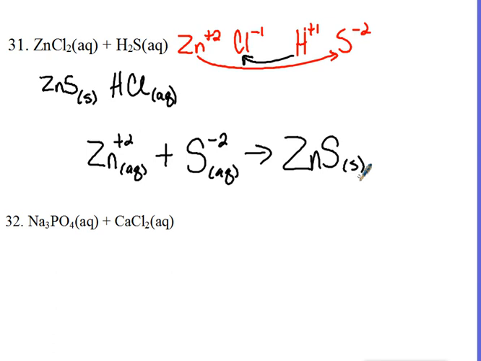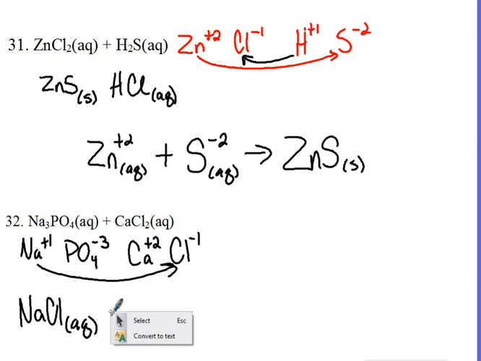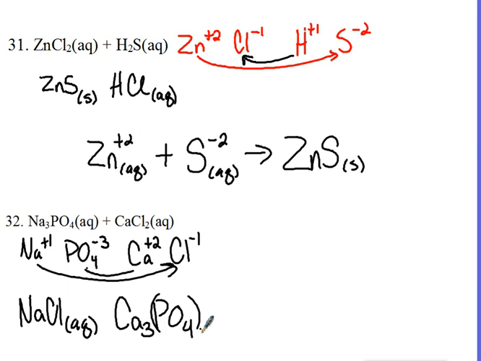Last one. I have a sodium +1 ion, a PO4 -3 ion, calcium +2 ion, chlorine -1 ion. Sodium goes with chlorine. This is, of course, aqueous. Calcium goes with phosphate. You get Ca3(PO4)2.